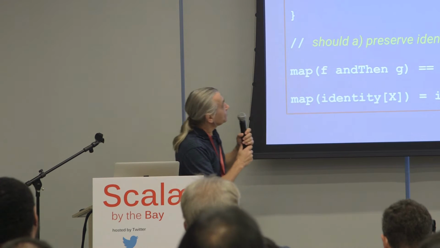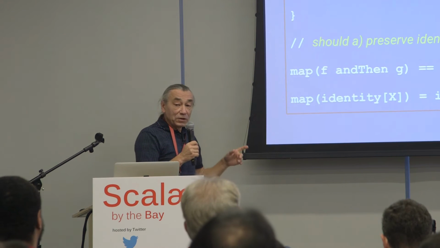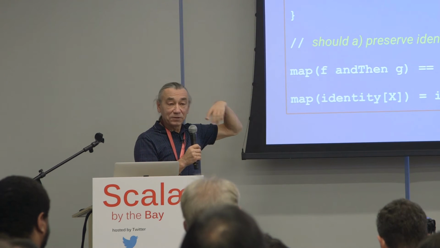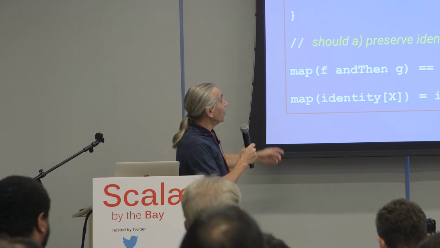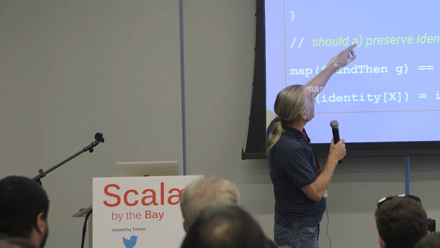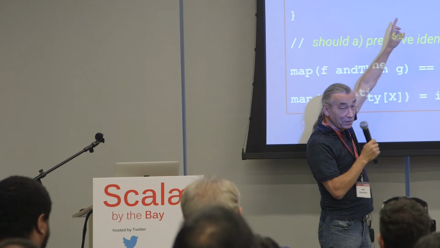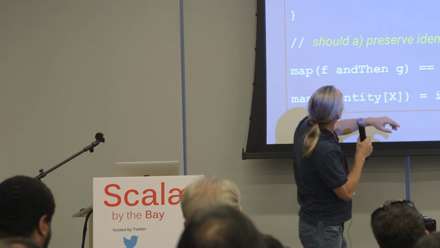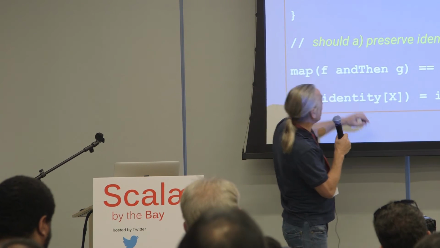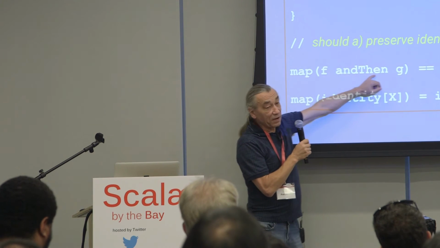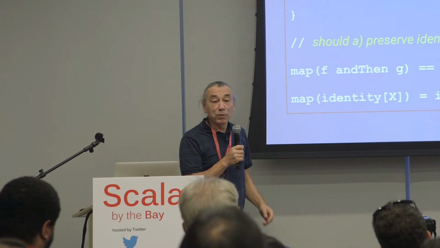So for this mapping of functions to give us a functor, we need two properties. One, it should preserve identity, meaning if f is an identity from X to X, the result is also an identity. And it should also preserve composition. I write this, and then you probably know what I mean.